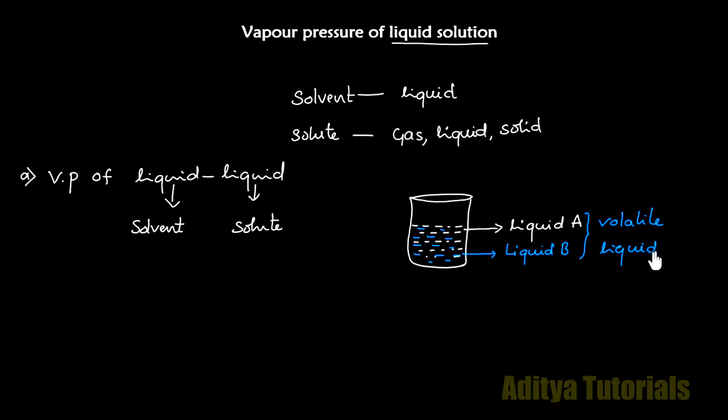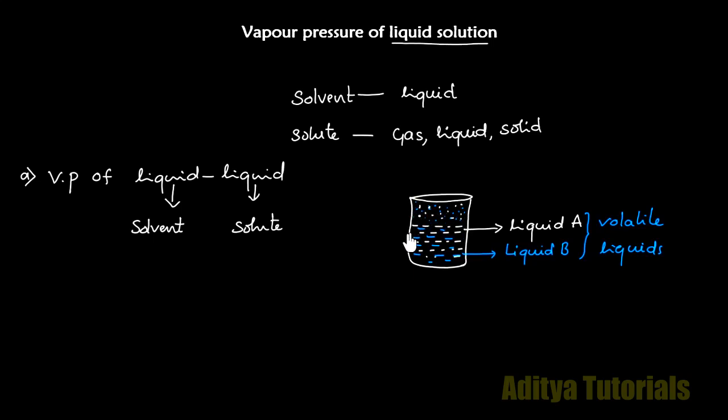The meaning of volatile liquids is that at room temperature they can easily evaporate and convert into vapors. Assume that some of the liquid A molecules are present in the vapor phase, and along with that, liquid B is also present in the vapor phase.